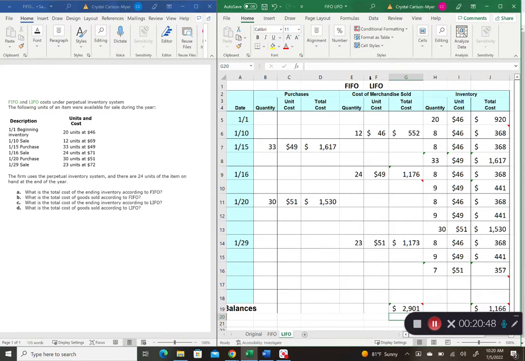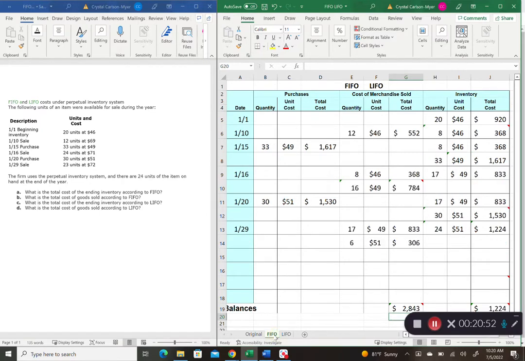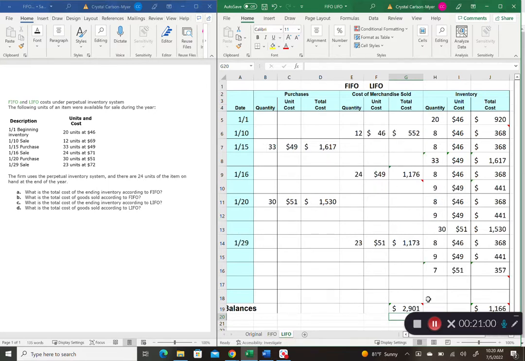So the reason why we have to do this is to keep these all separate, because if you remember FIFO and LIFO, we end up with differing ending inventory values versus cost of goods sold for the month. You can see how it changes. In a period of rising costs, your LIFO will always give you a higher cost of goods sold and a lower value of ending inventory.